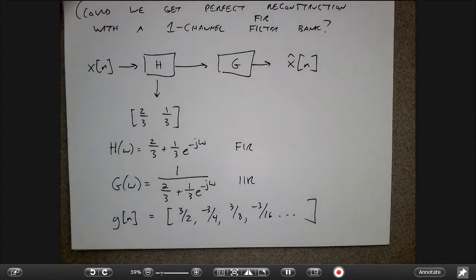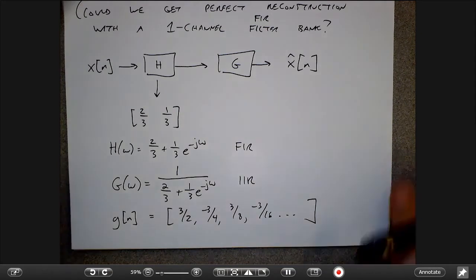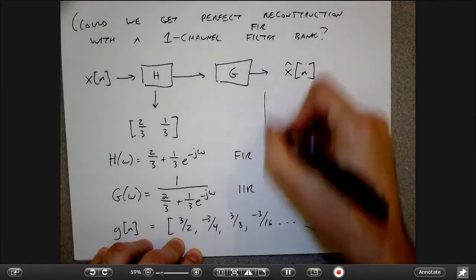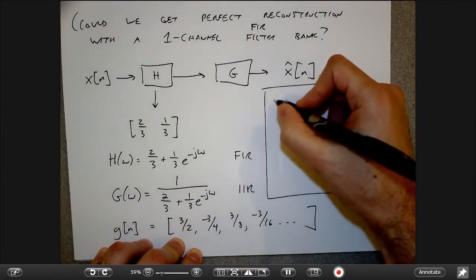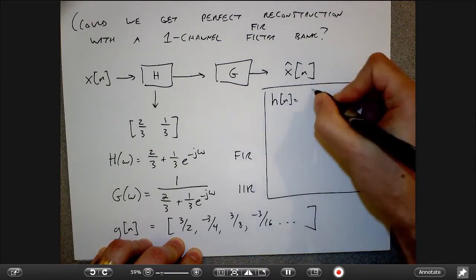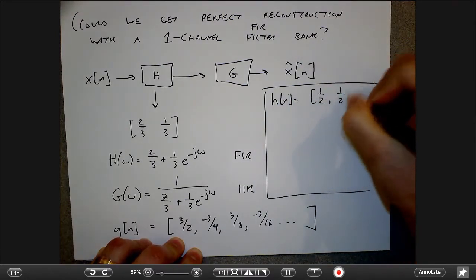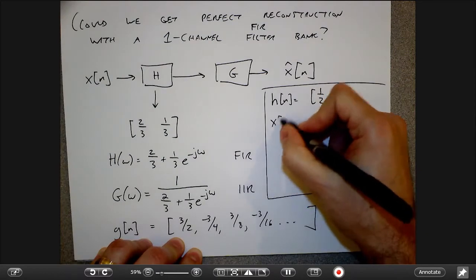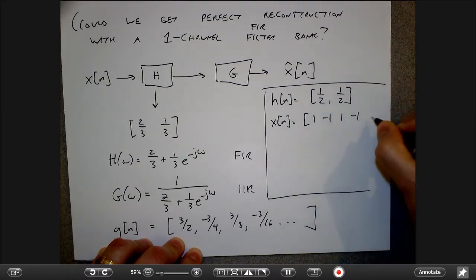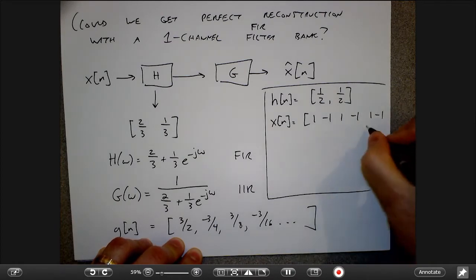And even worse would be something like this. Suppose my H was 1/2, 1/2, right? And let's suppose that the X that I put in is something like an alternating high-frequency signal.